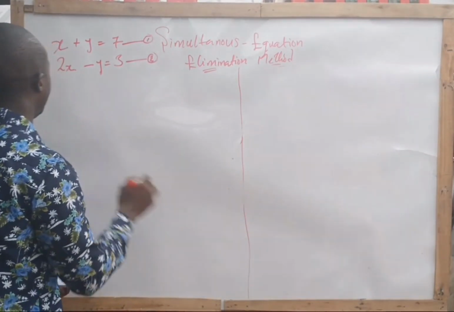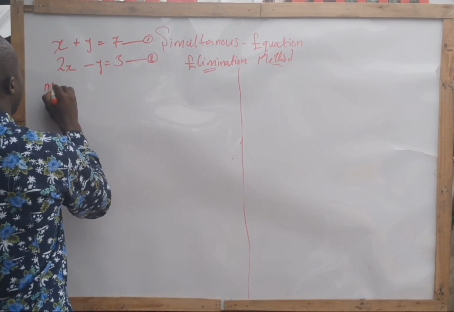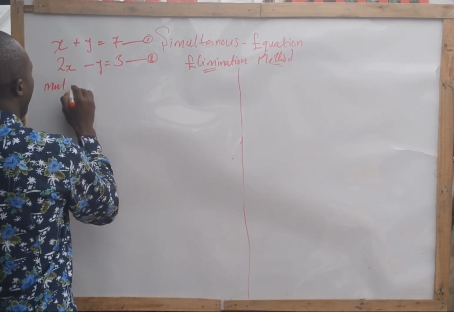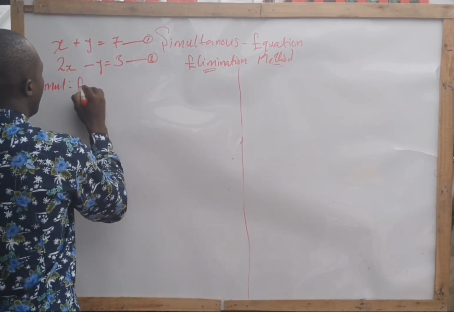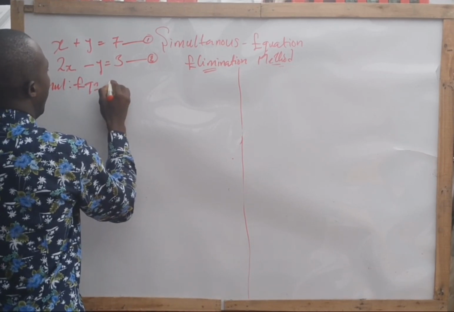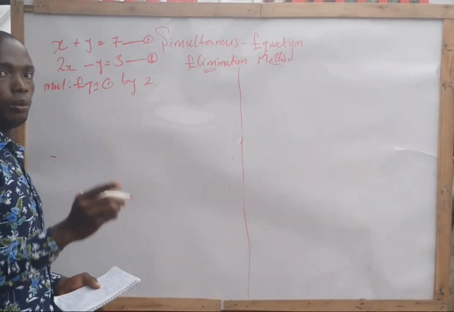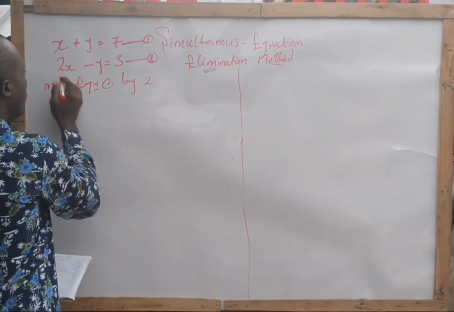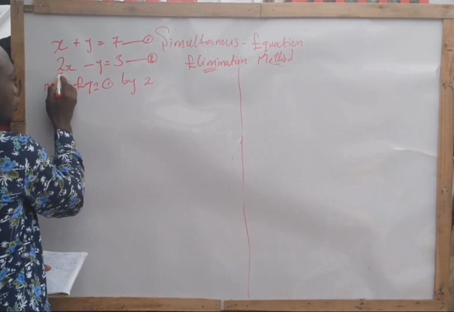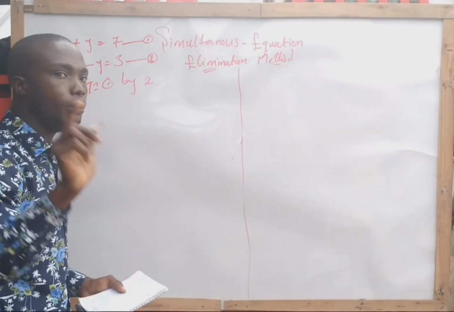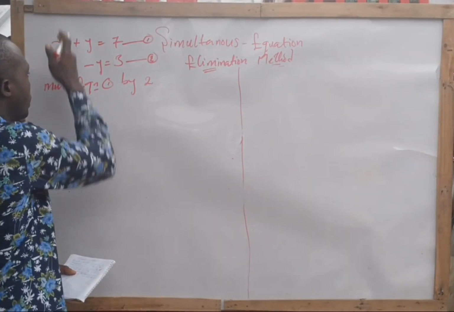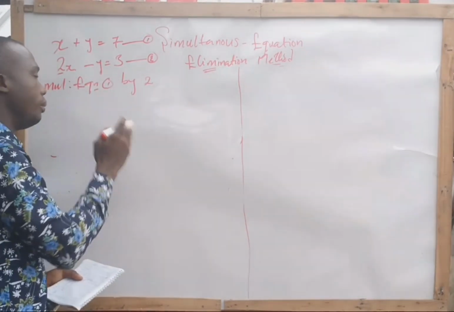We multiply equation 1 by 2, because we want x to stand on its own.